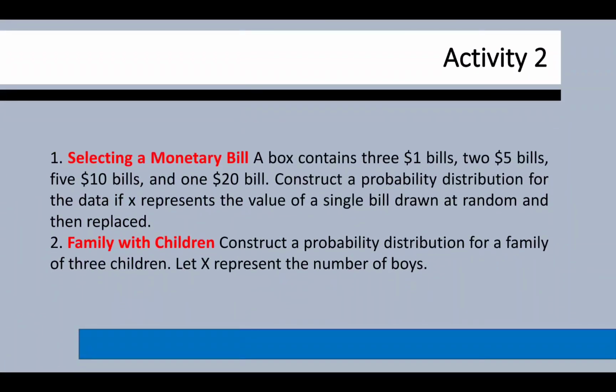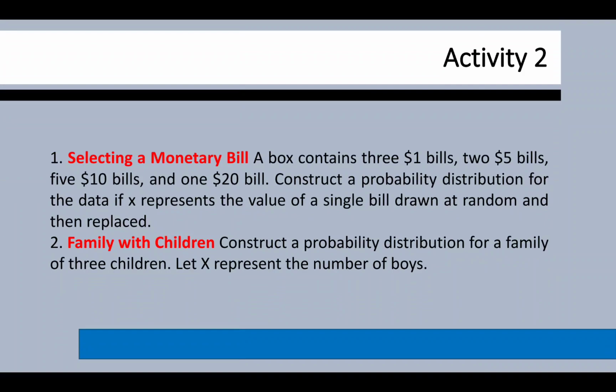Now, for the second part of your activity, here are the questions. A box contains 3 $1 bills, 2 $5 bills, 5 $10 bills, and 1 $20 bill.